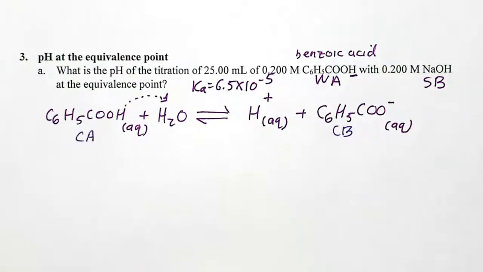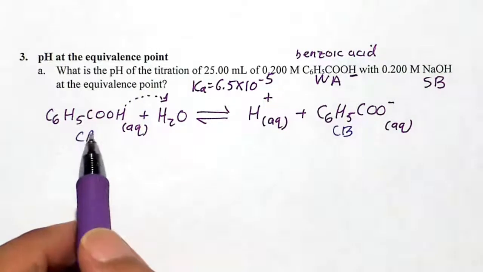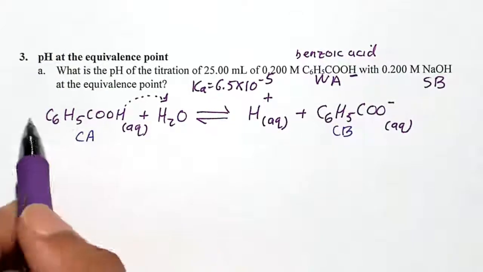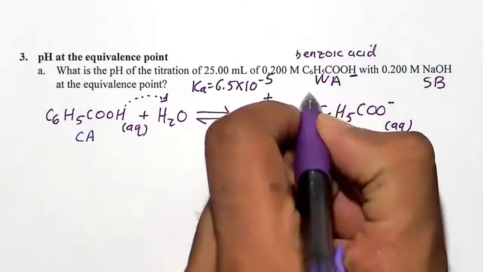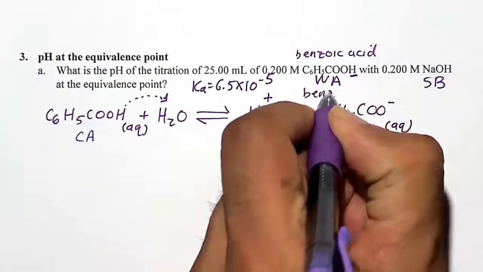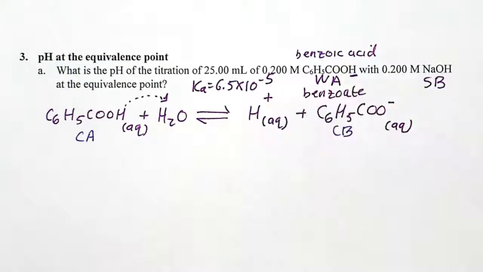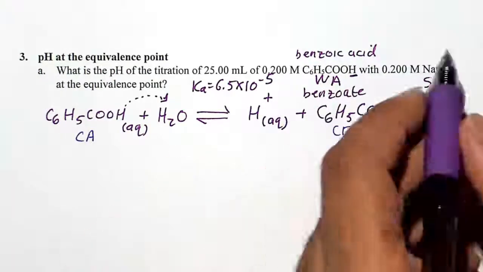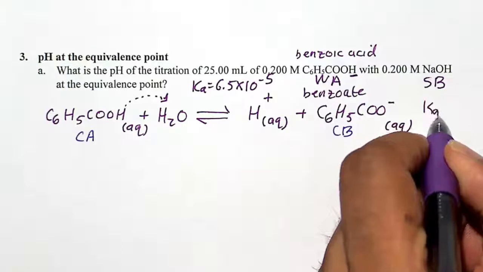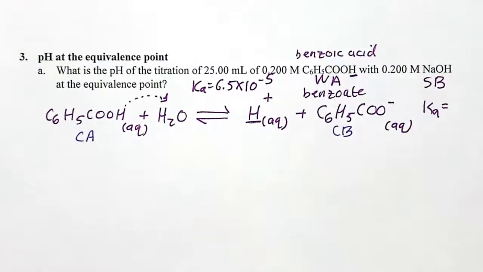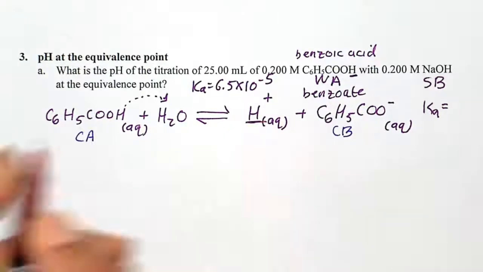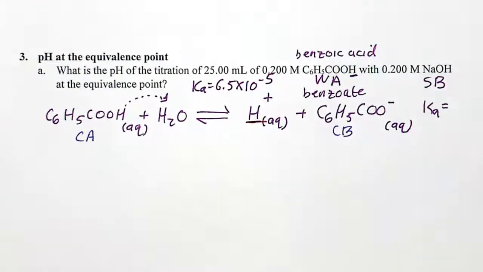When we have a bottle of benzoic acid sitting around in the lab, we will have some of the fully protonated form, benzoic acid. We may have some of the deprotonated form, that is called benzoate, would be the conjugate base. And the magnitude, how fast this reaction proceeds, this forward reaction, is given by Ka, the ability to generate hydronium ions, H3O plus or H plus.